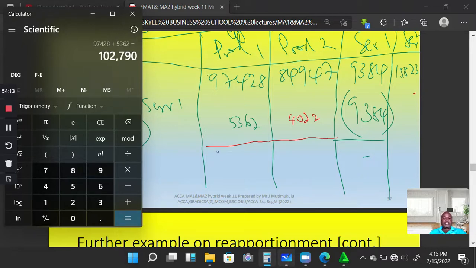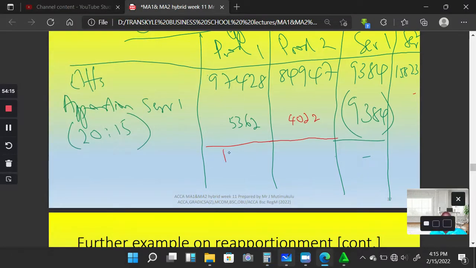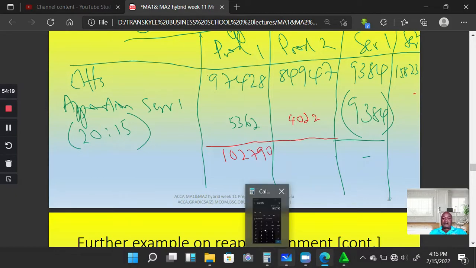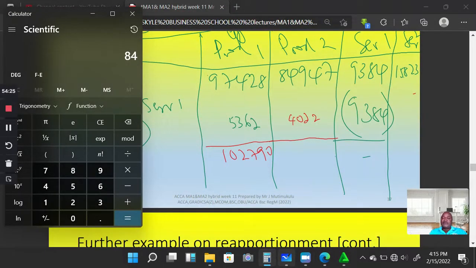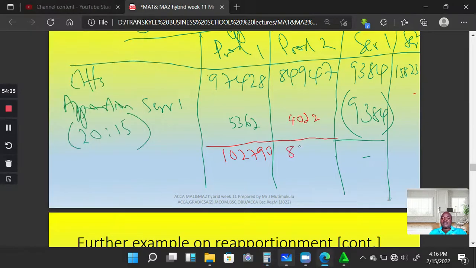That's 102,790. And then if you add 84947 plus 4022, you get 88969.